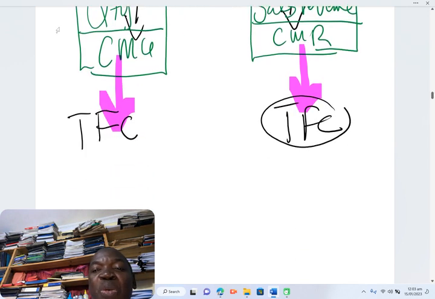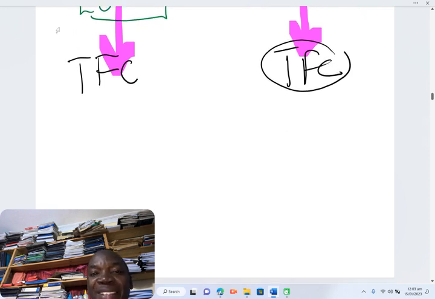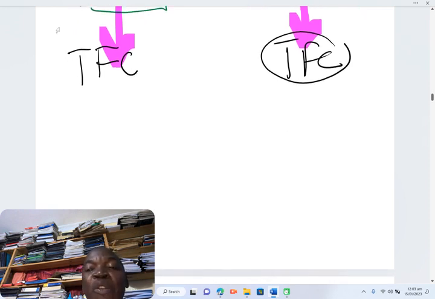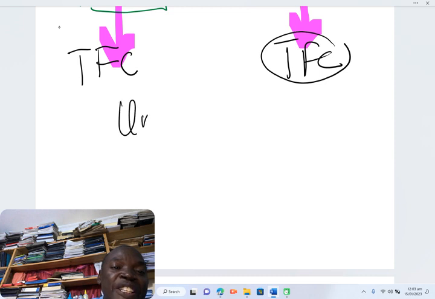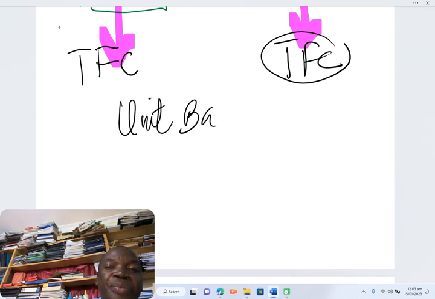So if we want to write the two major formulas of CVP, and that's why all CVP problems use these two formulas. We write the unit basis.